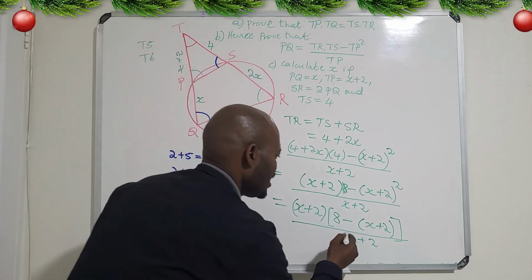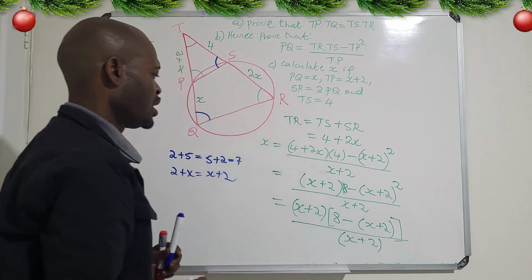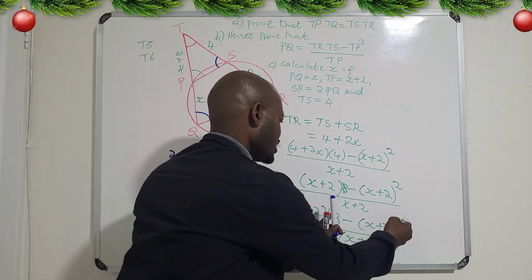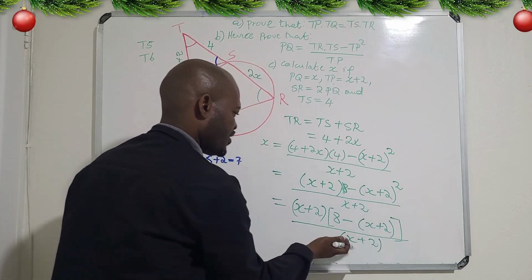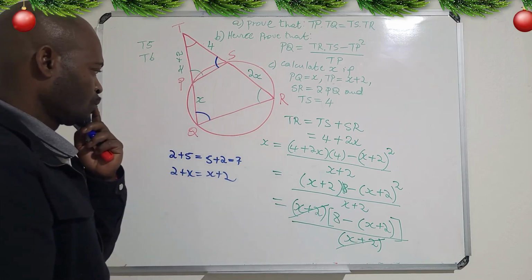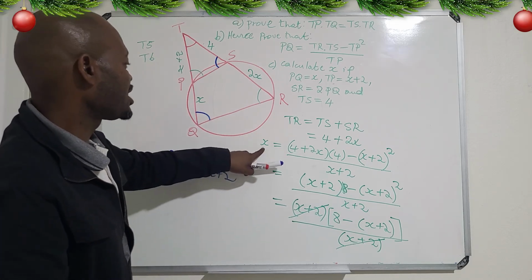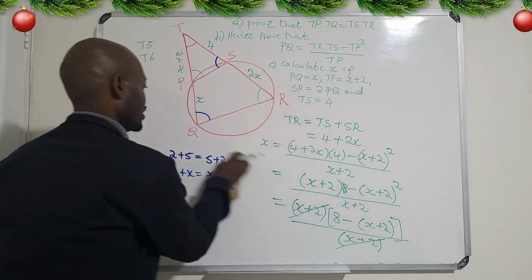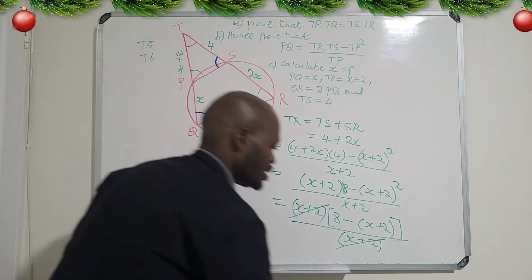Now, in mathematics, we can only cancel if we multiply. Therefore, this multiplies that, therefore, divided by that. It is easy for us to just cancel the 2. But we don't forget that there was an x over the equal sign on the left-hand side.